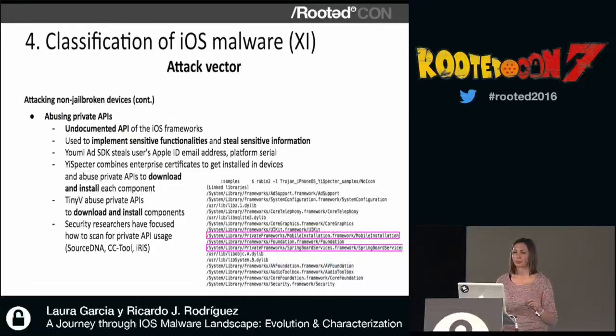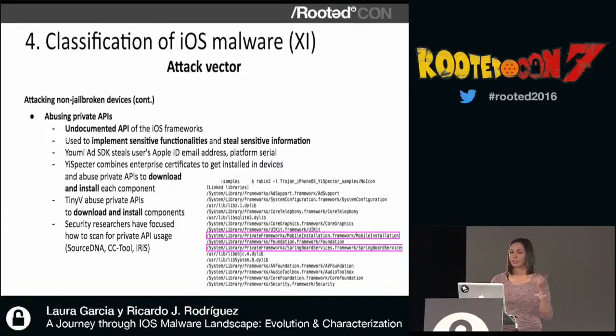Apple prohibits you from using this functionality if you want to upload an application to the Apple Store, because they can extract sensitive information from the device, or you can install and launch components. For example, GoldenEyes combines enterprise certificates to get installed on devices.